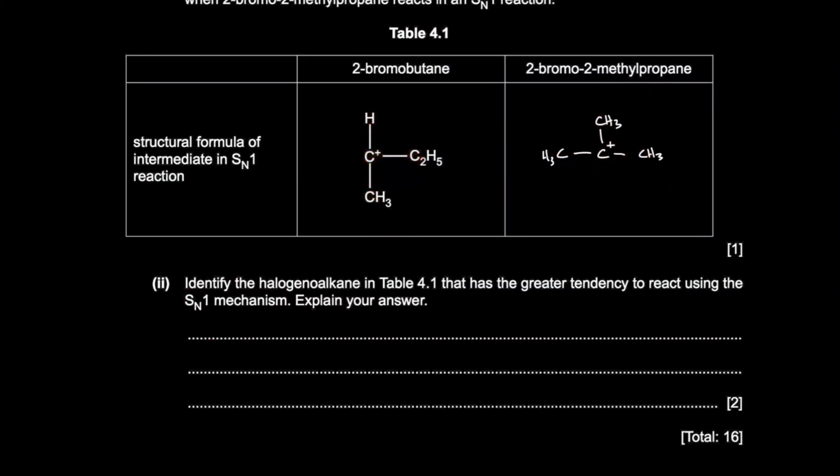So we can say that of these halogenoalkanes, 2-bromo-2-methylpropane has a greater tendency. Why? Because it forms a tertiary carbocation intermediate.